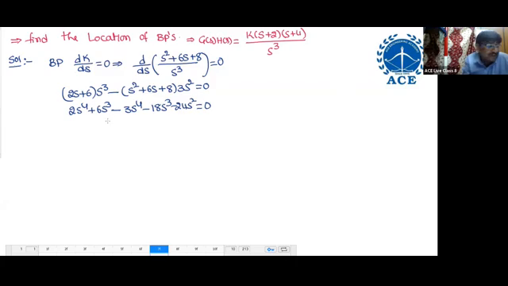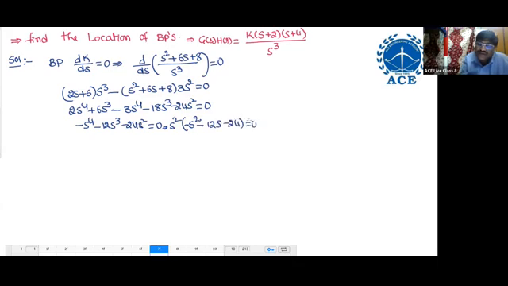Now simplify this. To simplify, what will we get? Minus s power 4 minus 12s cube minus 24s square equals 0. Take s square common. Then we get s square into (minus s square minus 12s minus 24).